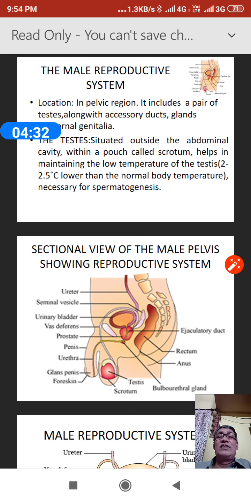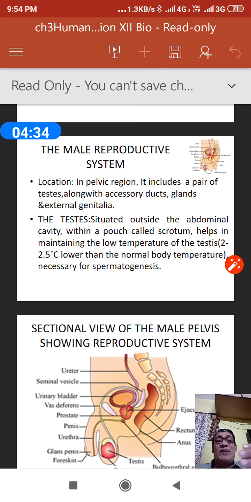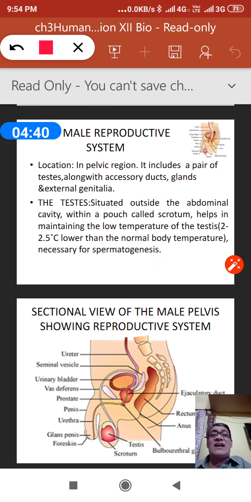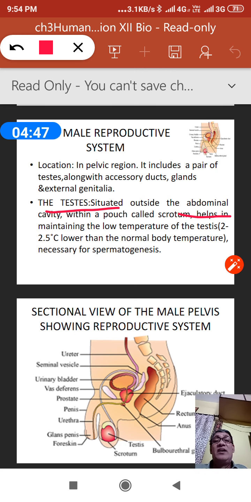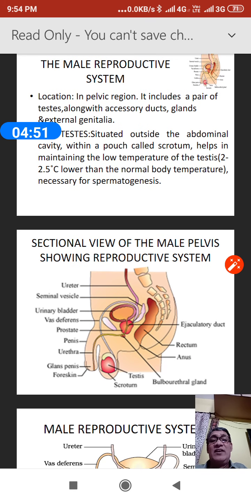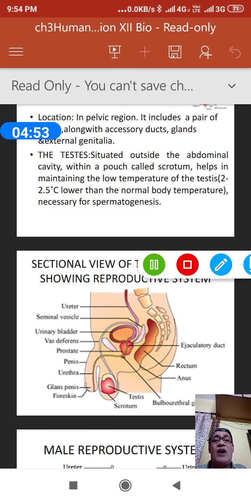Whenever we talk about the testes, we have to discuss where the testis is located. The testis is located outside the abdominal cavity, and you can see in this picture it is very clear.